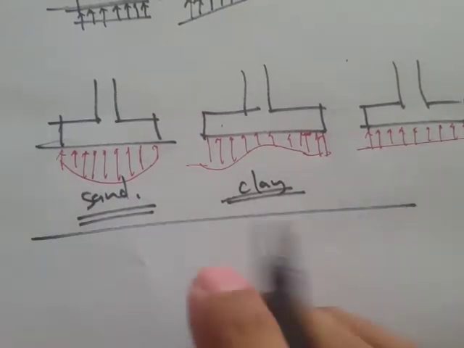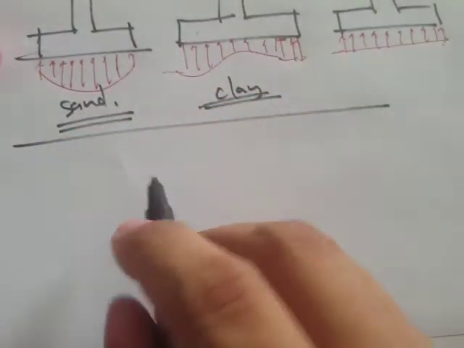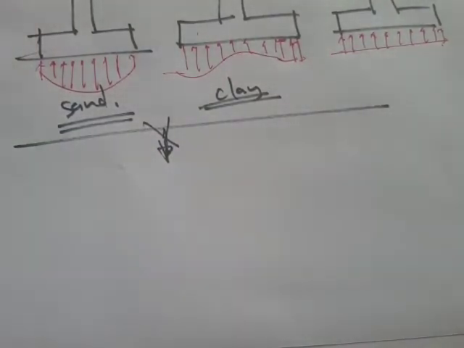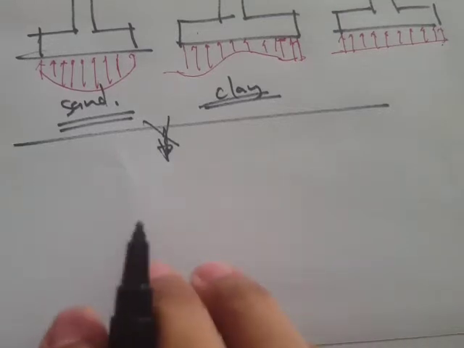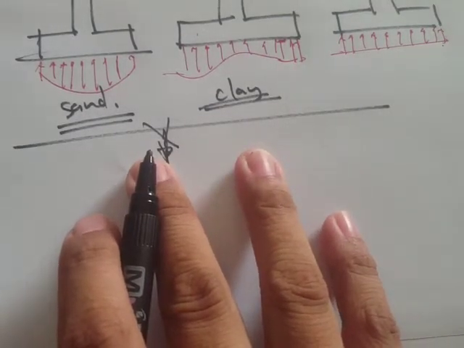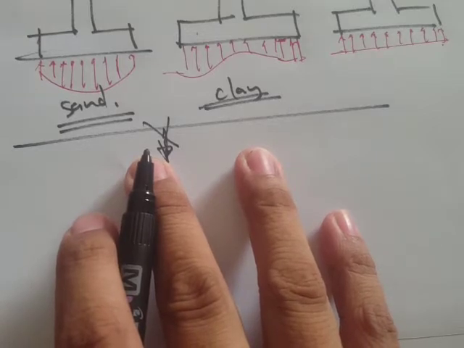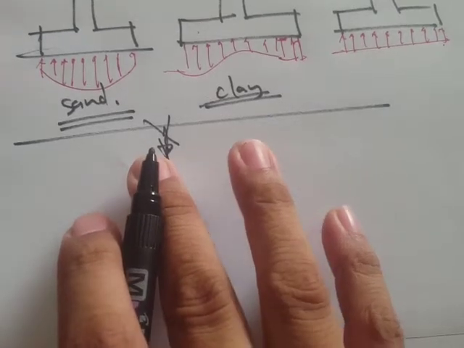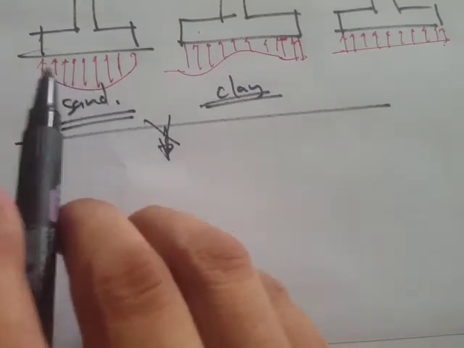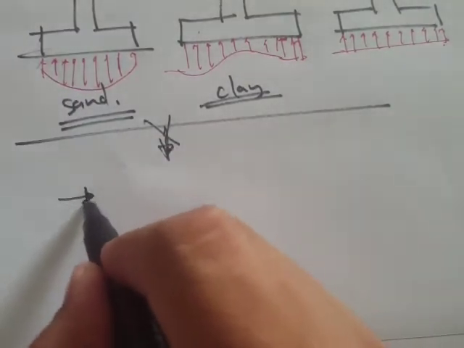Okay, since I brought this up, it must be understood that different types of soils will have different bearing capacities. Now, where do we obtain these values of the bearing capacity of different types of soils?